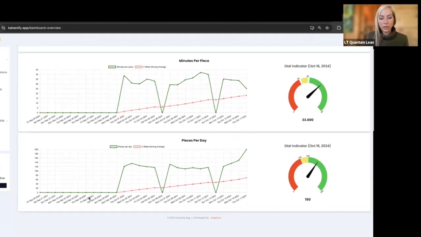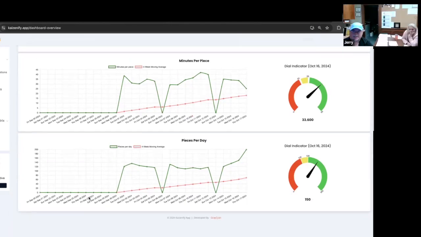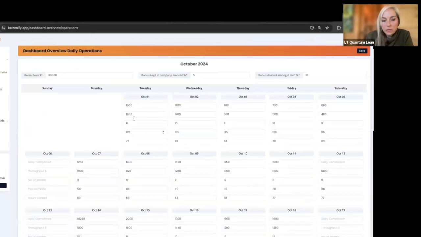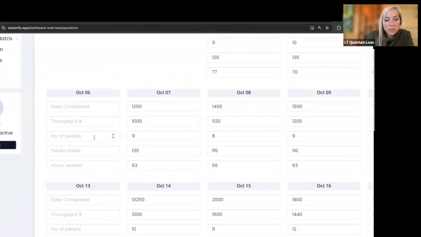They're looking at the whole dashboard in the morning, right, Brad? Yeah, but how are they entering the data? There's those 3 pieces of information, right? How many pieces did you make? So we're asking you here to put your throughput dollars in, number of people and pieces made. Once you put that in, that's where we're getting all the data from.